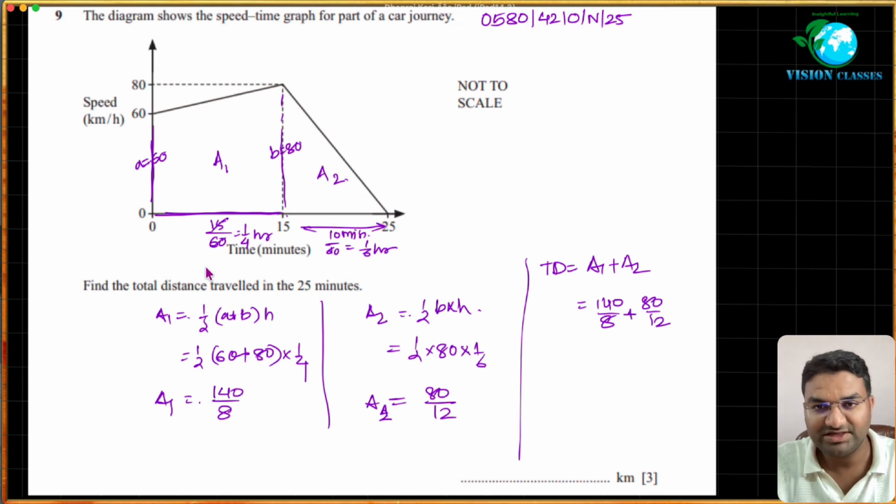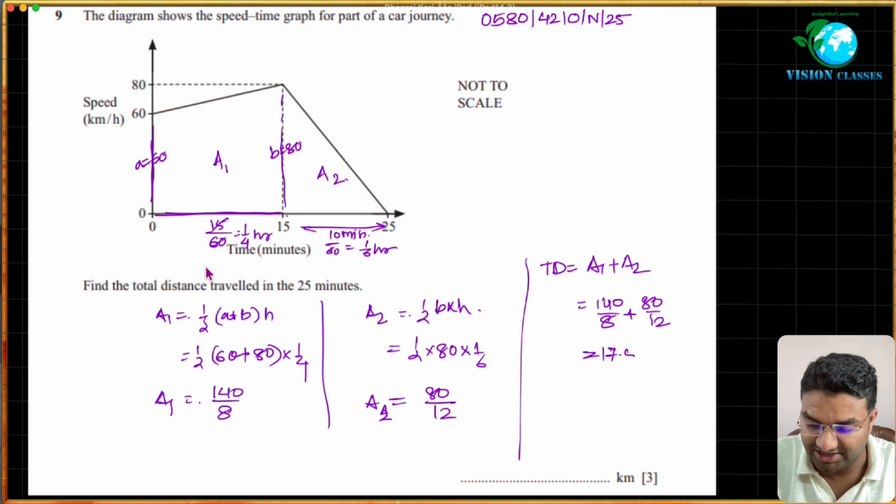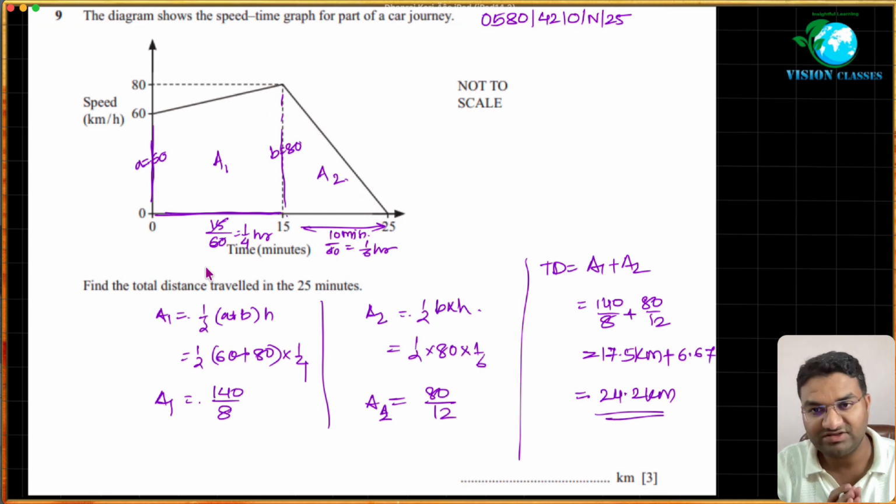If you simplify, you will get 17.5 kilometers plus 80 by 12, which is around 6.67. So the total is 24.2 kilometers, the total distance traveled.